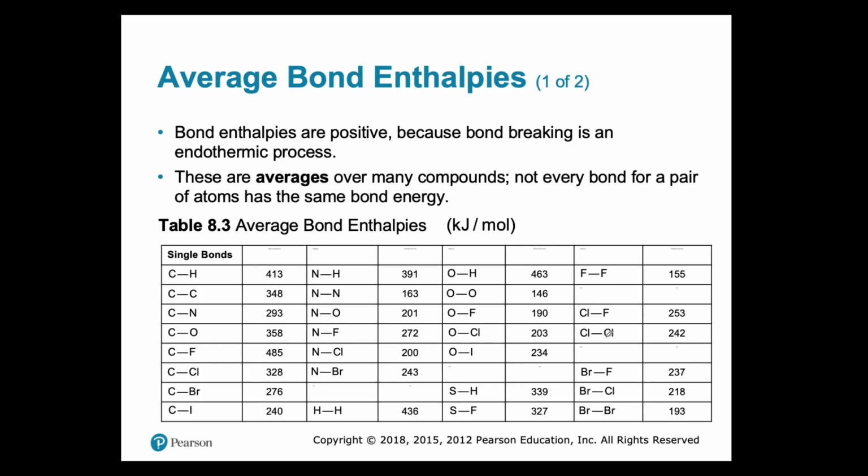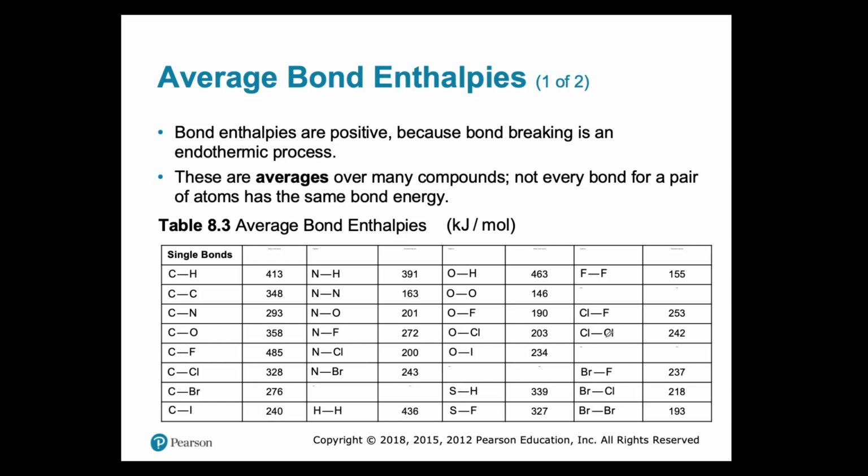I lost my train of thought. Okay, so we're breaking bonds, and bond enthalpies are the amount of energy required to break a bond. And you've already said this before, it is an endothermic process. Why? Because you've got to put energy into breaking bonds, right? And so enthalpies are always positive because every time you have an endothermic process, the number is always going to be positive.